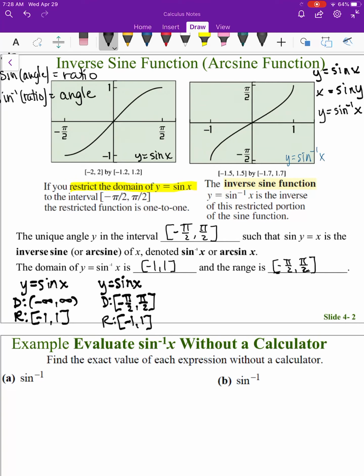Our range is still negative 1 to 1. So we restricted that domain, and that allowed us to have the inverse, which the domain became negative 1, 1, because our range became our domain, and our range became negative pi over 2, positive pi over 2. So that became that.